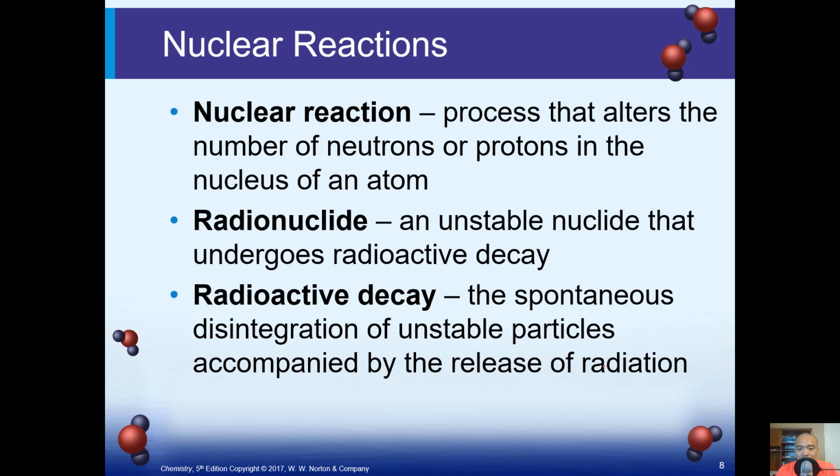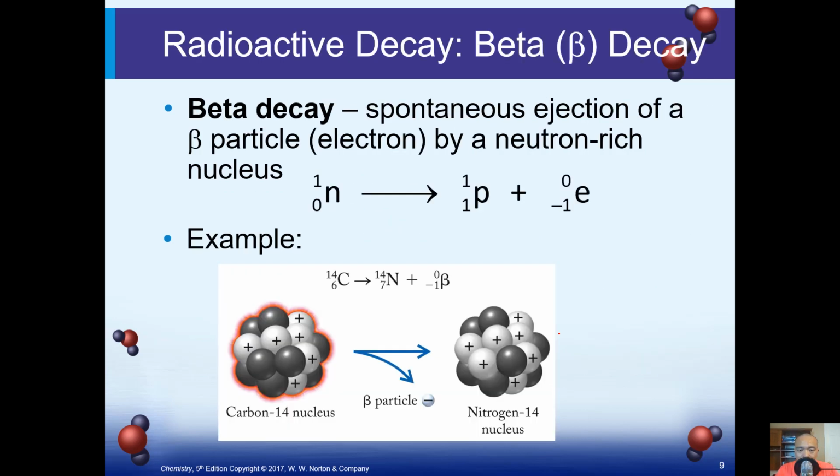We define radioactive decay as the spontaneous disintegration of an unstable nucleus, accompanied by the release of radiation such as alpha particles, beta particles, positrons, etc. The mode of radioactive decay depends on whether or not the radionuclide is above or below the band of stability. Nuclides that are above the band of stability are neutron-rich and will undergo beta decay.